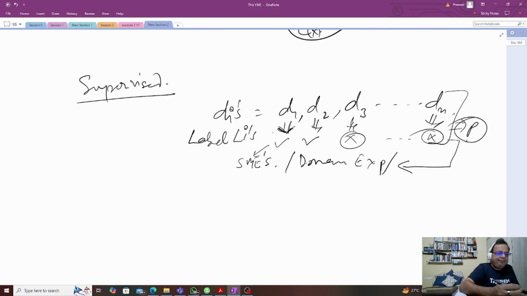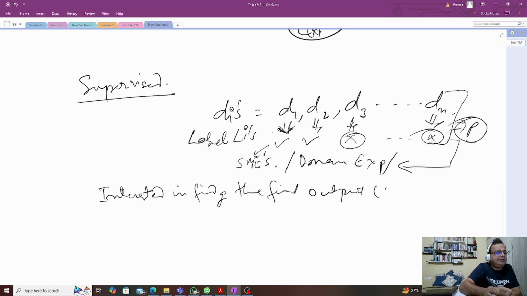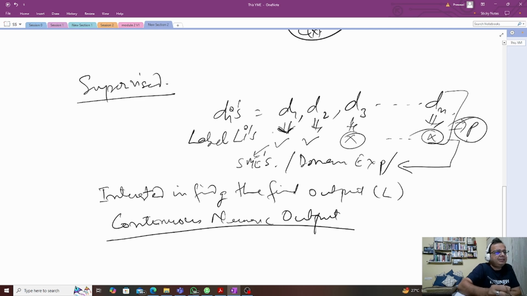Then if we are interested in finding the final output, which is nothing but the labels, as a continuous numerical output, then this form of machine learning is called regression.